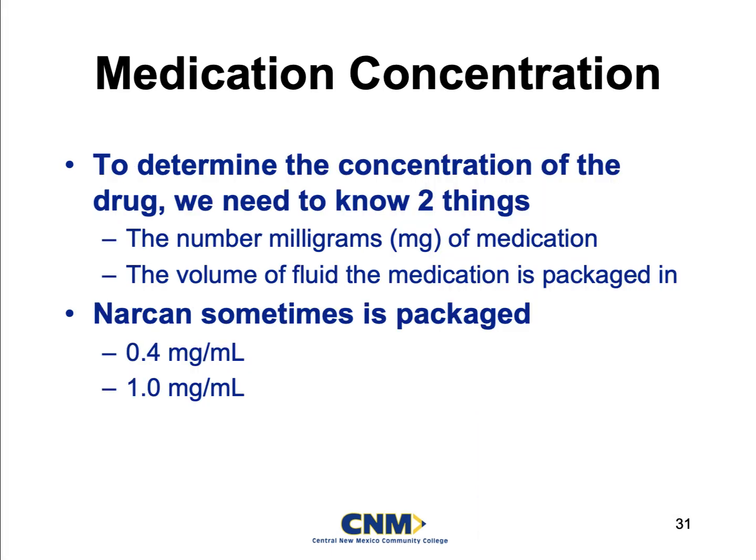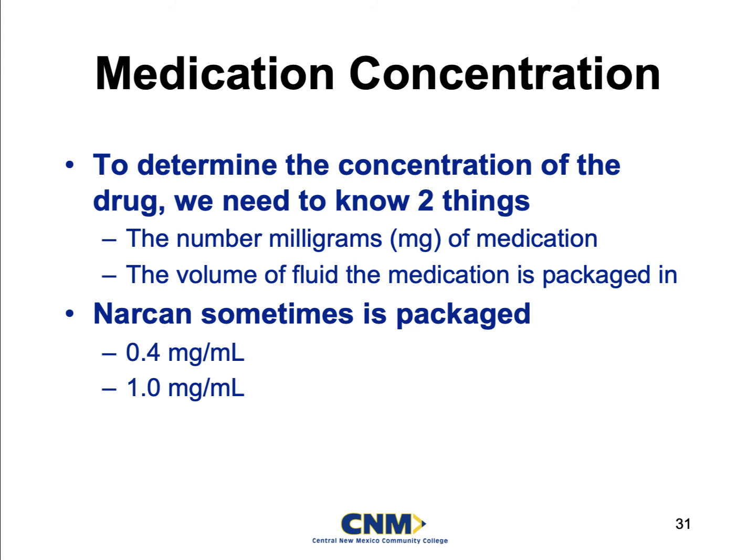Some of your medications in your scope have different concentrations associated with that same medication. Once you move up in level of licensure, some of your medications that only have one concentration in your scope now have multiple concentrations.